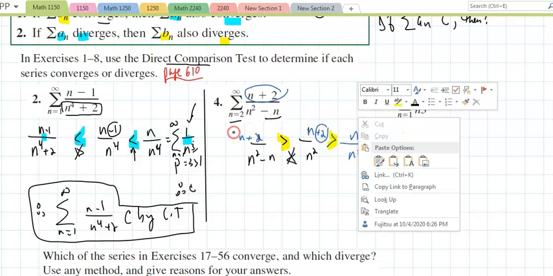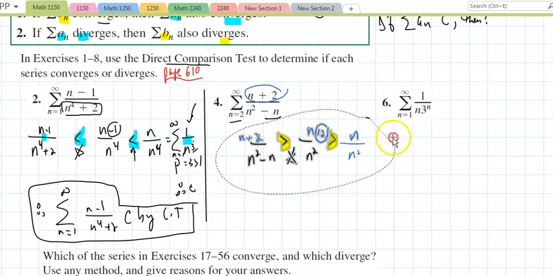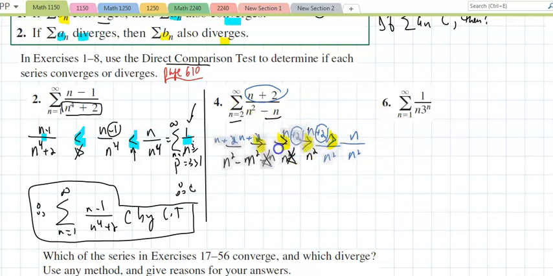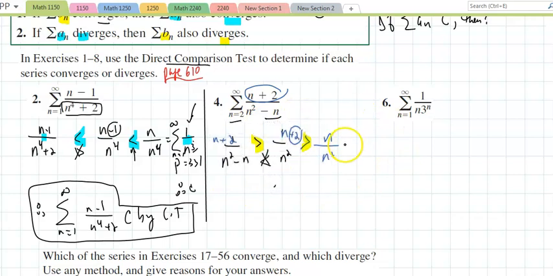And so the goal is to get rid of the numbers and variables if you can to make it a p-series. 1 over n converges. That's a sequence. Now it's a series. This series, p equals 1, diverges. You have to say that.